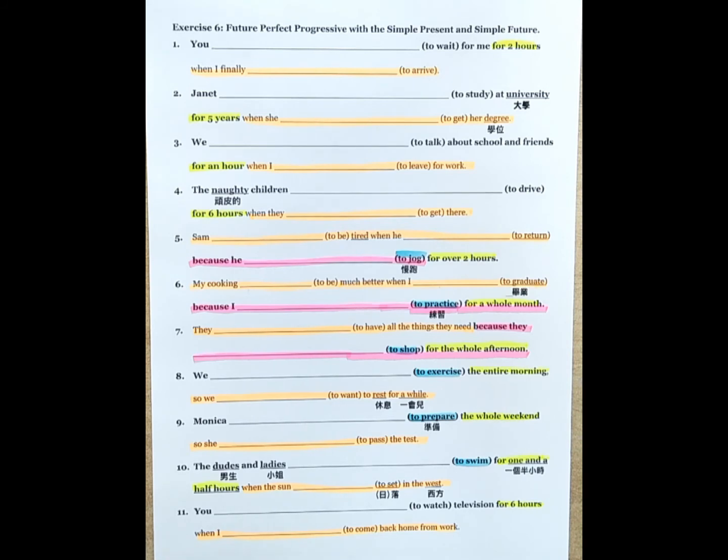The naughty children are going to have been driving for 6 hours when they get there. 5. Sam is going to be tired when he returns because he is going to have been jogging for over 2 hours.